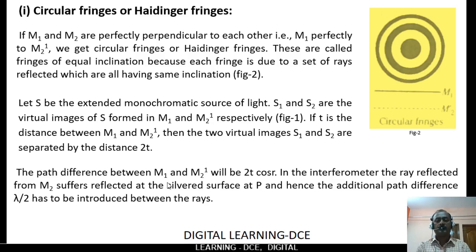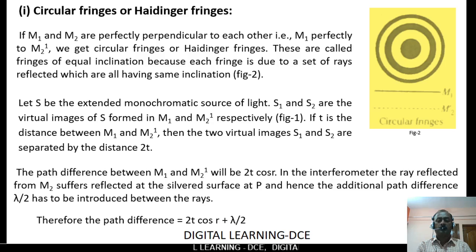The path difference between M1 and M2 dash will be 2t cos r. In the interferometer, the ray reflected from M2 suffers reflection at the silver surface of the silver plate P, and hence an additional path difference of lambda by 2 has to be introduced between the rays. Therefore, the path difference is equal to 2t cos r plus lambda by 2.